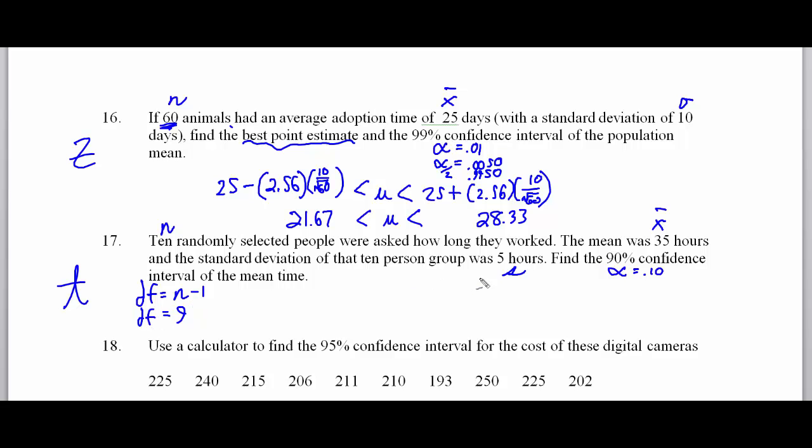So when you go to find, and we're going to use this long formula again, we're going to start off with our average of 35 minus. When you look up your t, alpha divided by 2, you go to the row that starts with 9 degrees of freedom, and then you go under the table where it says your alpha of 10% on the 2 tail.